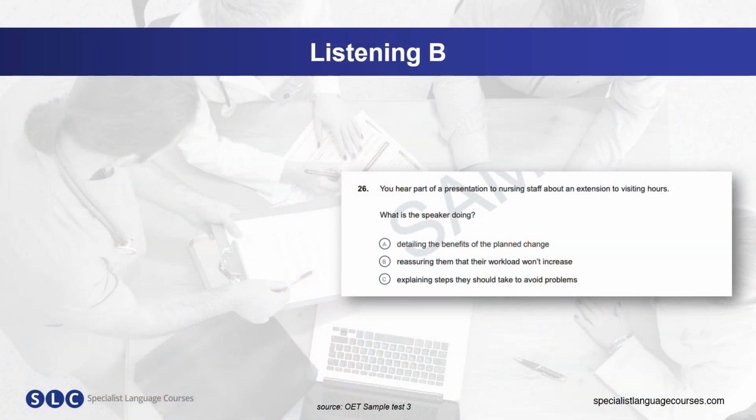Have another try. Let's look at another example together. So read the context and understand the questions. Underline keywords and then listen to all of the audio before choosing an option.